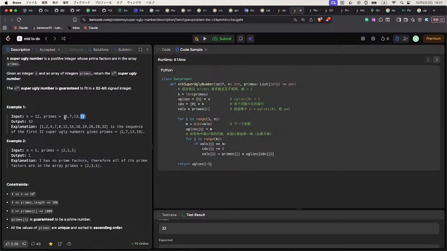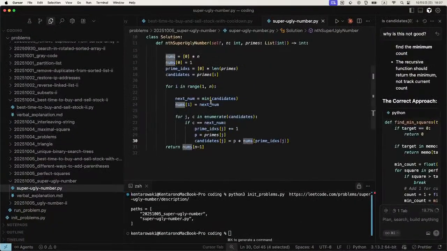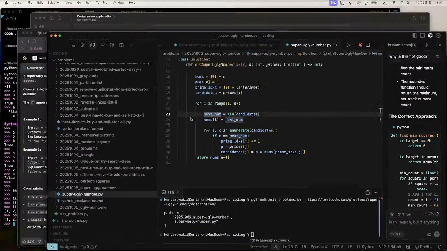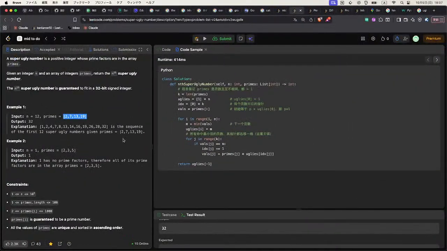Okay, and we find the minimum number, 14, so we append the 14 into the super ugly number array, and after that we have to update the candidates, and there are 2 14s in the candidates.